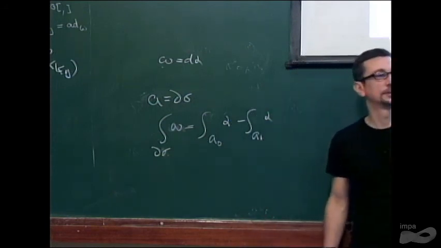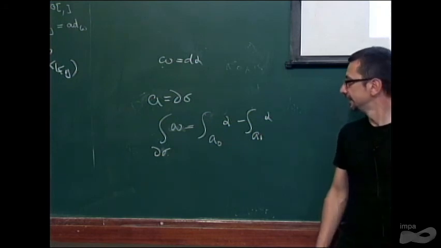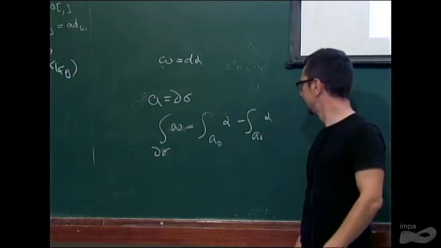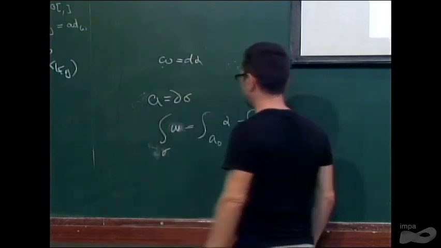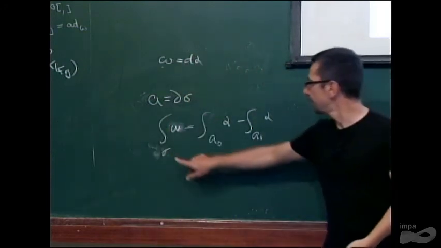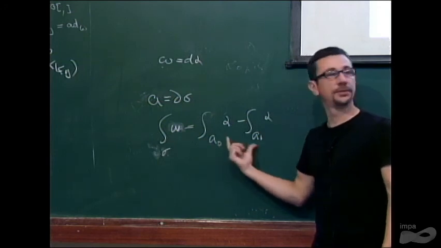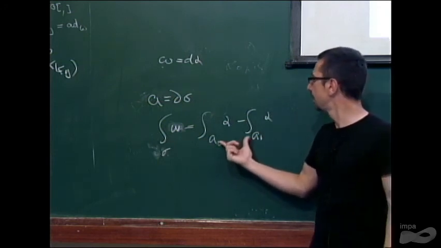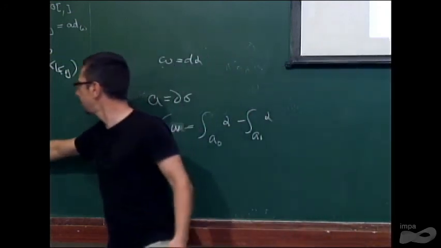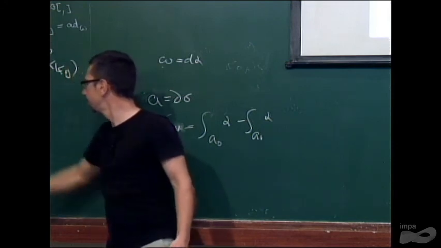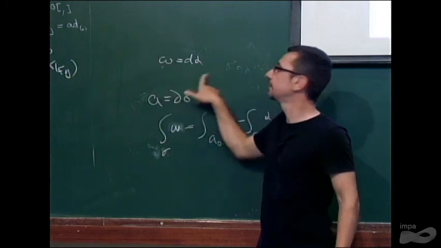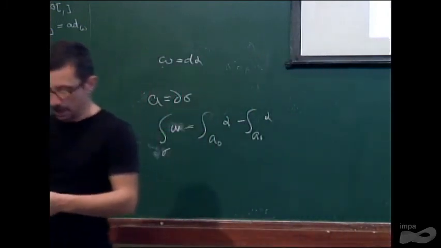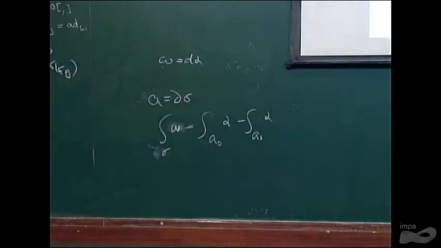Something like this. So you can write that the integral over omega is this difference. But that's because these two paths are the boundary of the homotopy, and in this kind of trivial case, it turns out that this omega is exact. But I think it's a good idea to think of it as a non-abelian Stokes theorem.